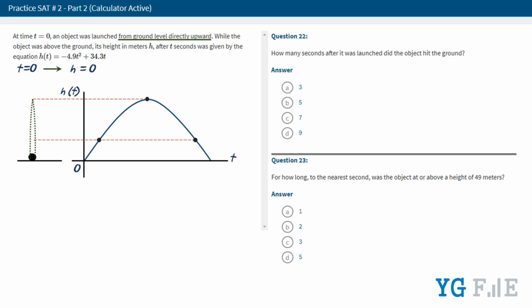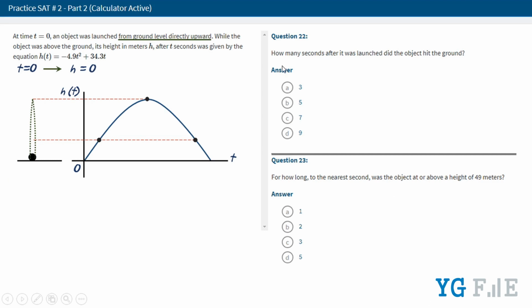The first one is when it goes upward, and the second one is when the object goes downward. So this point is when the object goes upward, and the second point is the height of the object when it goes downward. And we will use this sketch to solve the next two questions.